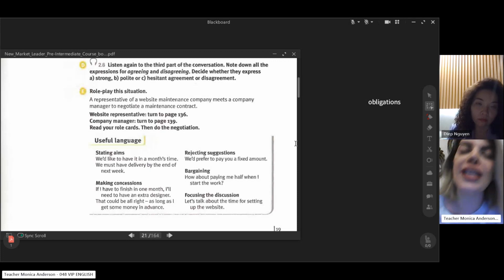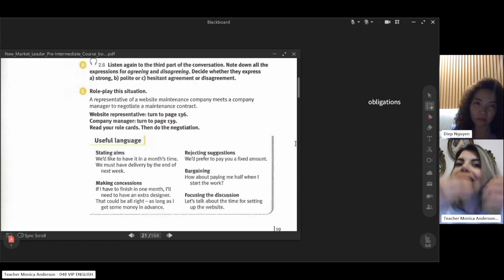But for expressing our disagreement or agreement, we need to use phrases like, I don't know, you're right, but actually, I'm not with you. Or, for example, you're definitely right, absolutely. These are the expressions that we use to express our agreement or disagreement with something.